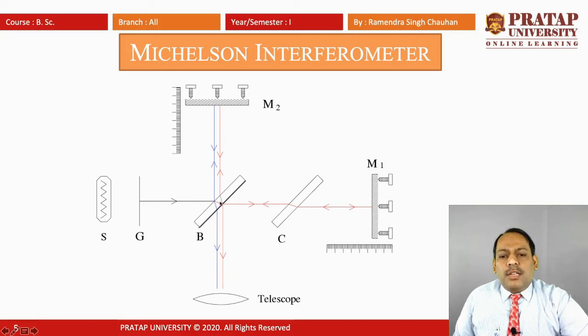So to compensate or balance this path, another plate C of the same thickness and same material is provided in between the beam splitter plate B and the mirror M1, so that when the light ray transmitted towards M1 goes, it passes through the compensator once, this thickness is covered one time in going, and then again it is reflected and coming back, it is passed again.